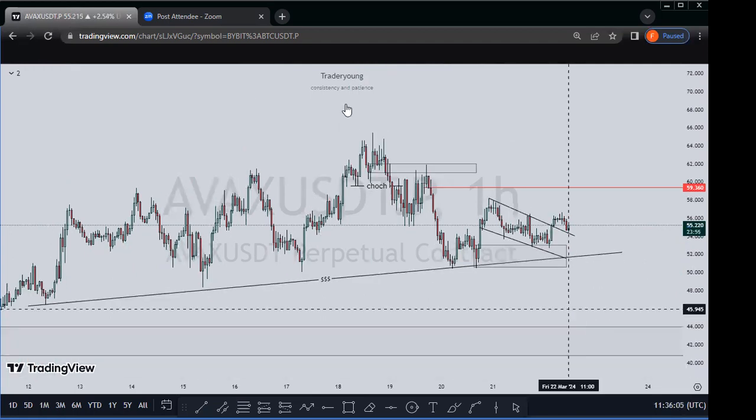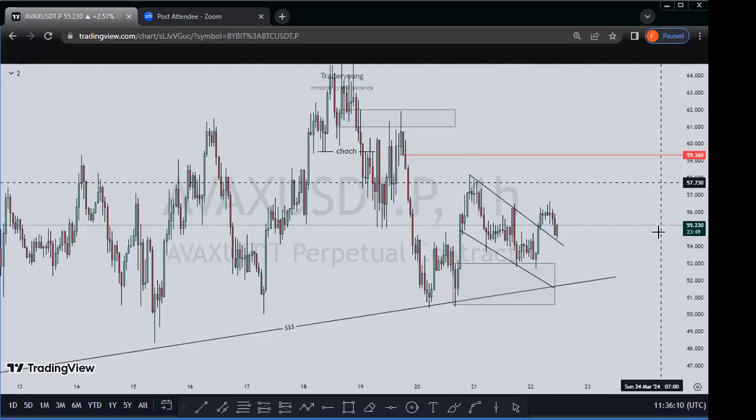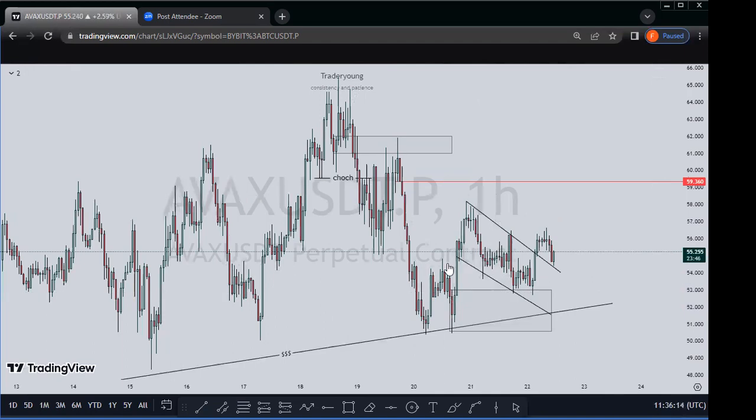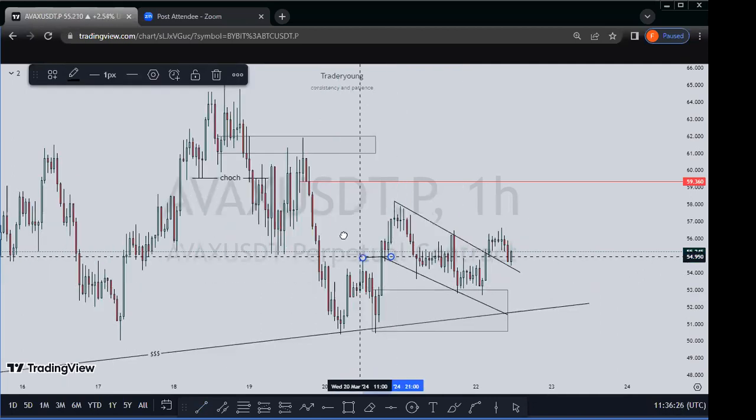And aligning with this, you see we have a breaker. Sorry, an order block here, after price changed character again to the top around this level. Price changed character facing up again. Yeah, right about here.